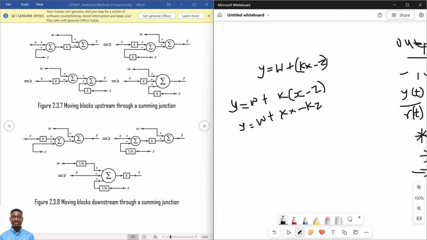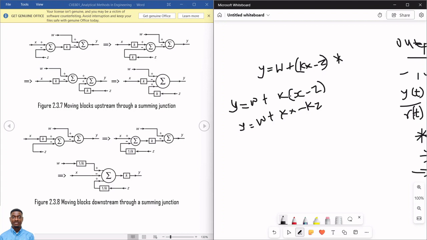And if I look at this model, the mathematical model for this block diagram, and I move this K over this block, this is what I'm going to be having, because X minus Z will now run into K here. You understand?